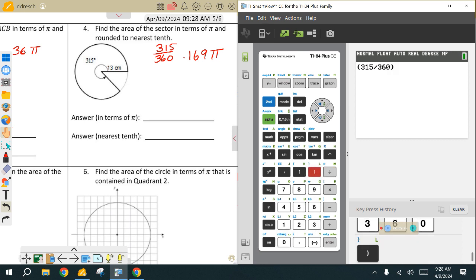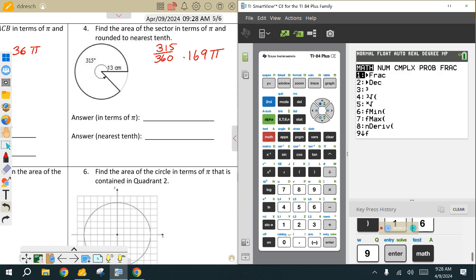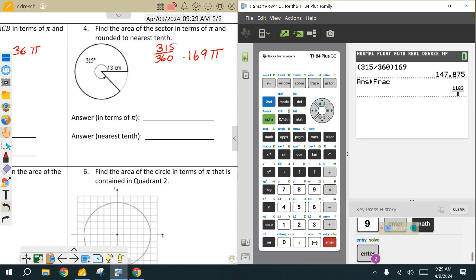Times 169. Again, it's a nice terminating decimal, but typically we rewrite this as a fraction pi. Sure, it's not a stellar fraction there, but typically that's how we write them. If you gave it to me, it's not wrong. Just formatting wise, we really write it as a fraction pi. So 1183 over 8 pi centimeters squared.